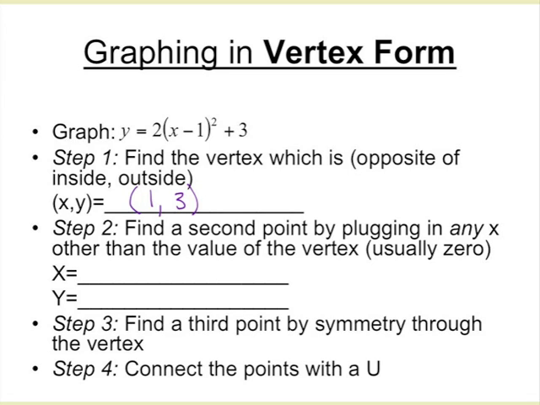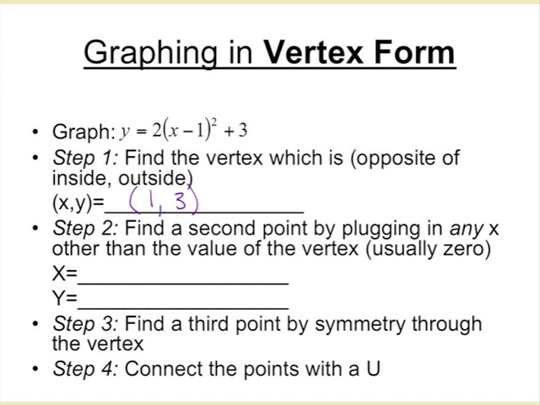And then we're going to find a second point by plugging in anything we want. Once again, we can plug in 0. If you plug in 0 and you get something crazy, you can just plug in whatever's right next to the vertex. Some students just do that right from the get-go instead of always plugging in 0. Yesterday, plugging in 0 was a really nice and easy thing to do because it just always gave us that c value. Today, it is not necessarily any easier to plug in 0 than anything else.